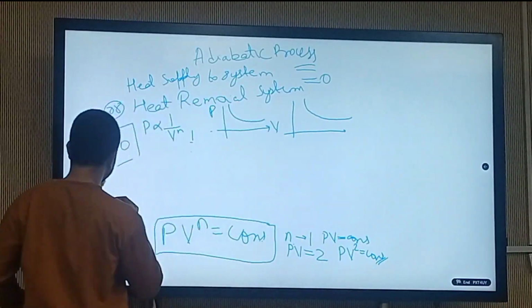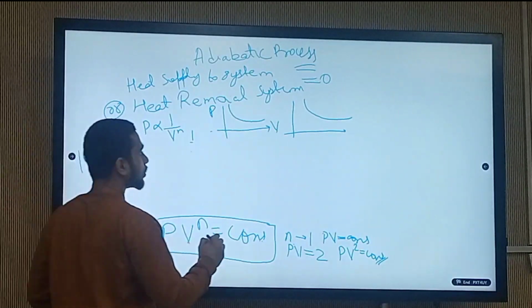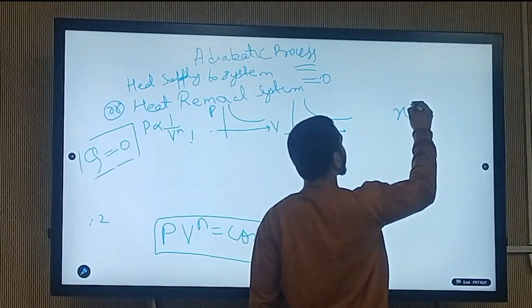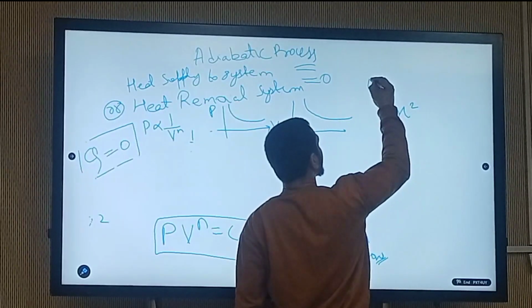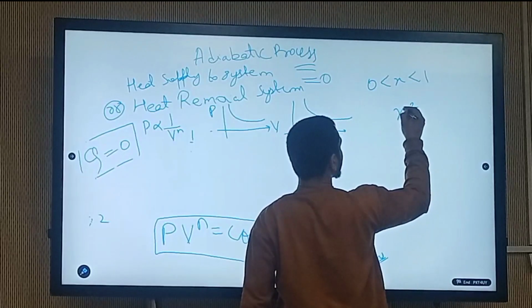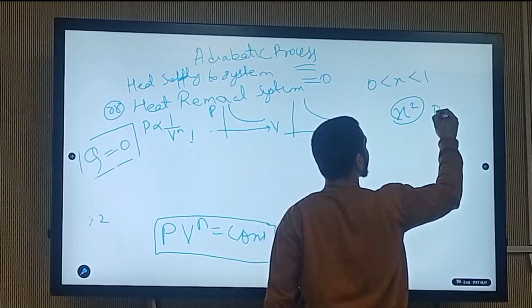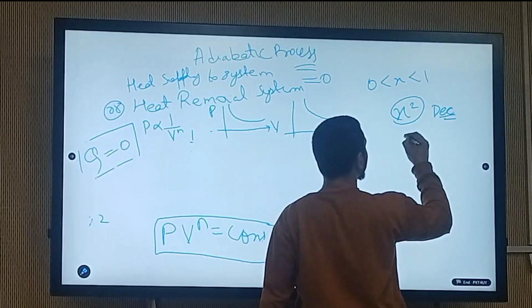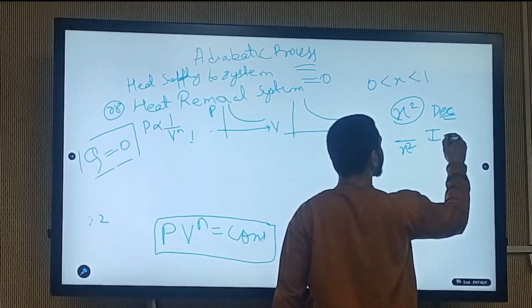But what will happen? Suppose that this is x square. Okay, suppose that x is from 0 to 1. So x square value will decrease from 0 to 1. Okay, so 1 by x square value will increase.